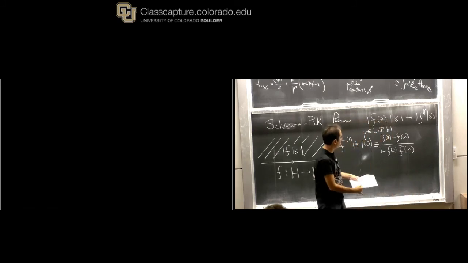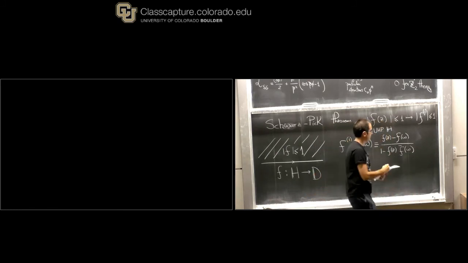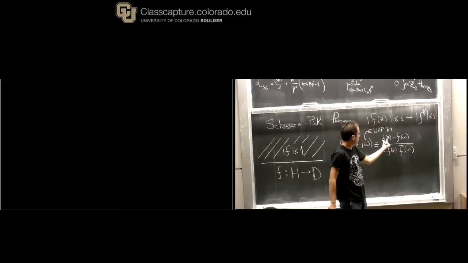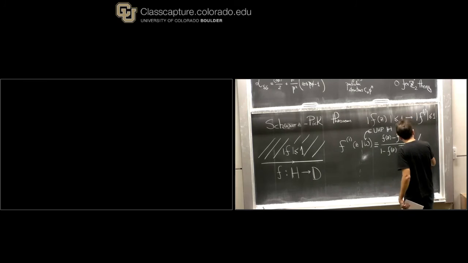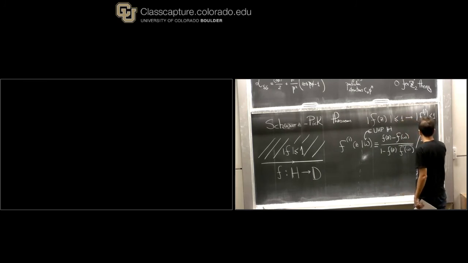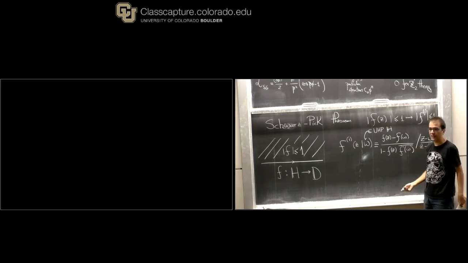Okay, so you see that it's not a holomorphic function of w, right? It has f of w and the conjugate of f of w. But it's a holomorphic function of z. f of z appears here and here. Okay, and it's this divided by z minus w over z minus w bar. Okay, and that's the definition of my function f1.